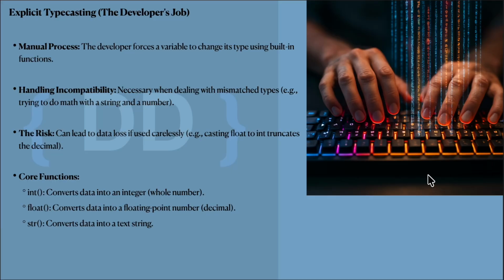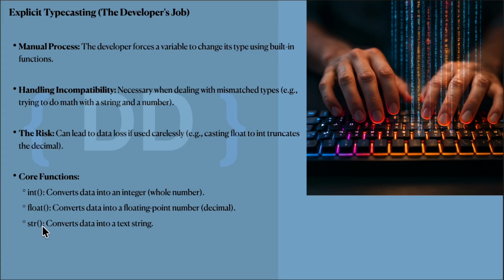This is where explicit type conversion comes in. This is when you, the developer, step in and force the conversion using built-in Python functions. The most common ones you will use daily are str with parentheses, int, and float. These are the most common ones.